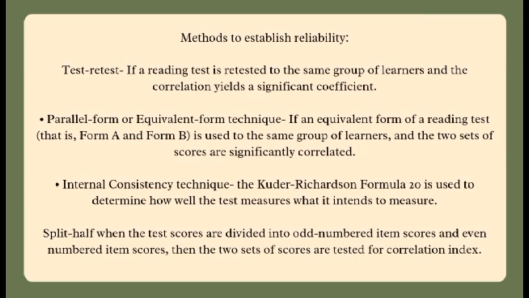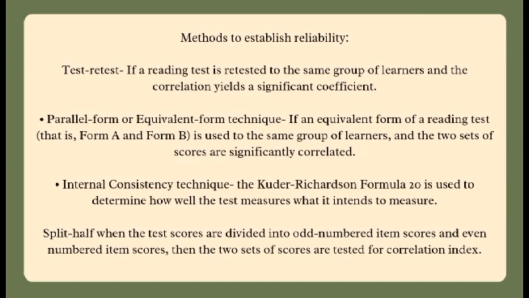Next is the parallel form or equivalent form technique. If an equivalent form of a reading test, that is Form B, is used with the same group, the two sets of scores are correlated. In parallel form reliability, two equivalent versions, Form A and Form B, of a reading test are created.